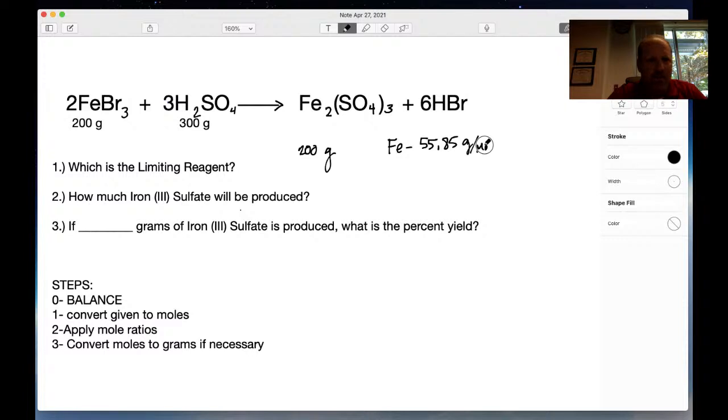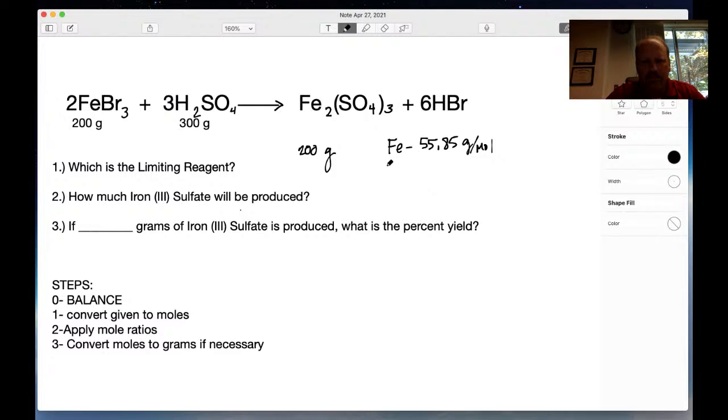And then Br. This is a little frustrating, trying to get this thing to line up.